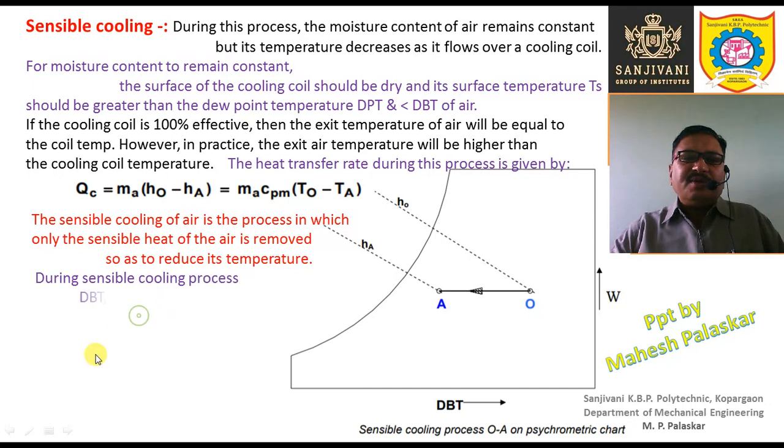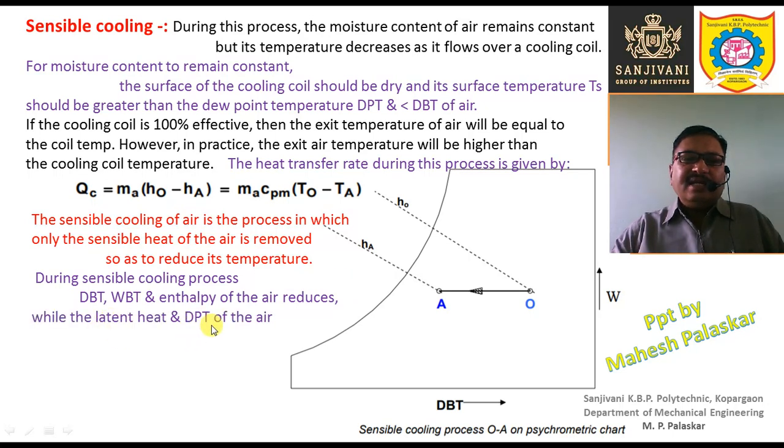During the sensible cooling process, the dry bulb temperature, wet bulb temperature and enthalpy of the air reduce. Dry bulb temperature is reduced, wet bulb temperature of the air is also reduced, and thus the enthalpy is also reduced, okay, because the sensible enthalpy is reduced, while the latent heat and dew point temperature of the air remain constant. There is no change in the latent heat, right.